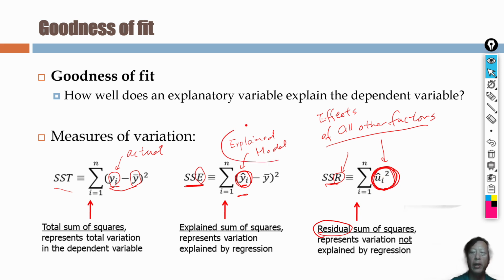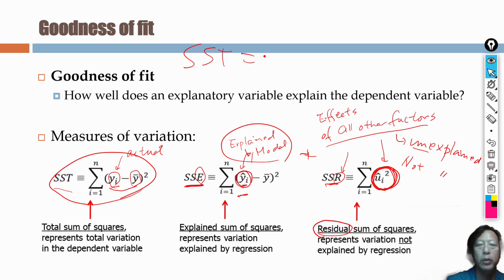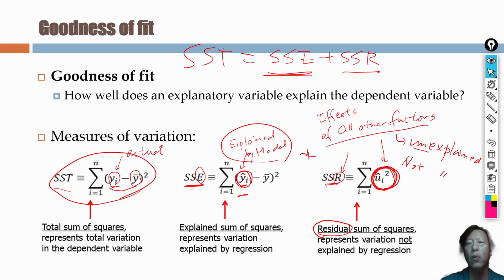So if you add up this explained and the unexplained part, this should be the total sum of squares. SST should be SSE plus SSR. This is how much we can explain by the model, and this is all the other factors than my model. Together, if we add them up, that's the total sum of squares.